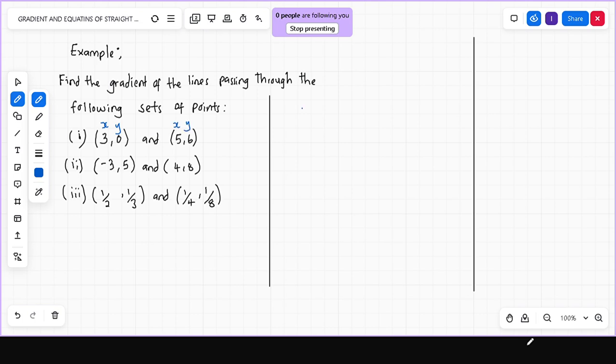So the gradient of that given line is the ratio of delta y over delta x, that is the change in y coordinate over the change in x coordinate.